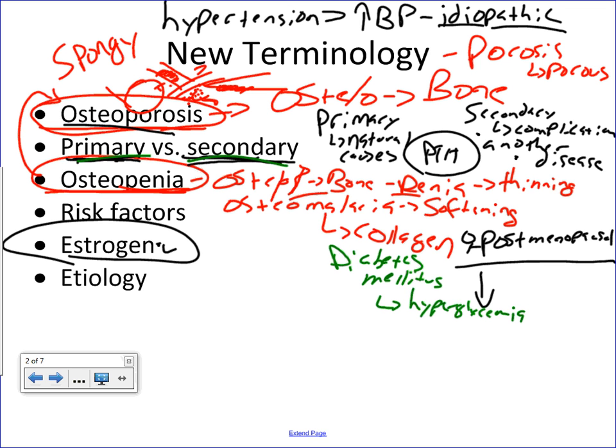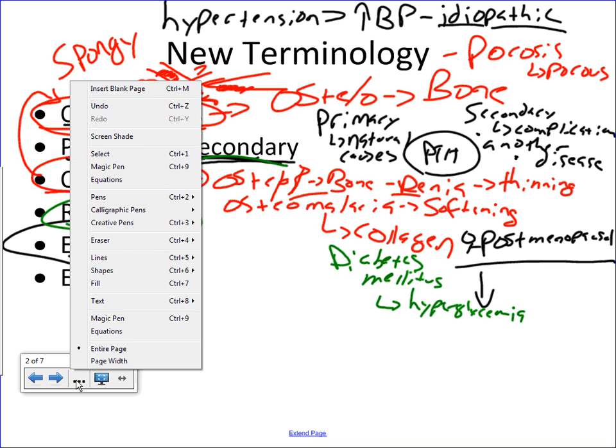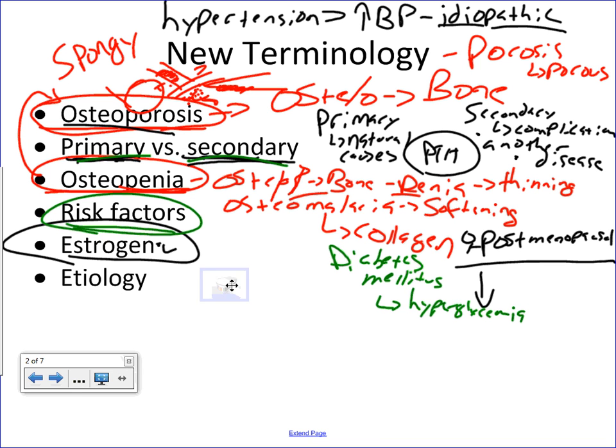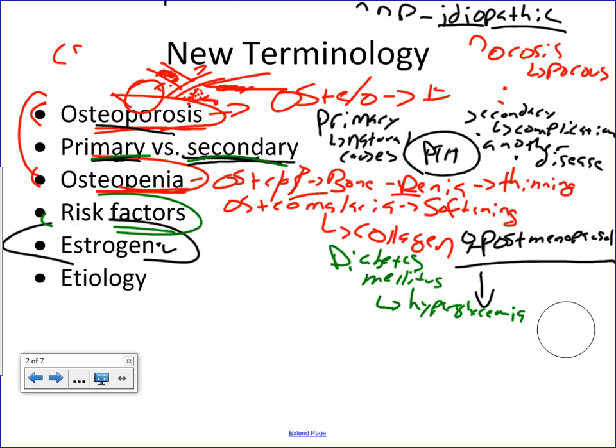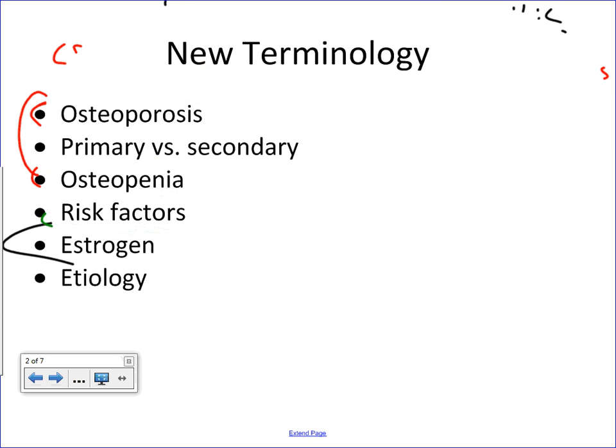All right, and then risk factors. Let me erase some of this mess here before we continue. So with risk factors, let's define these.